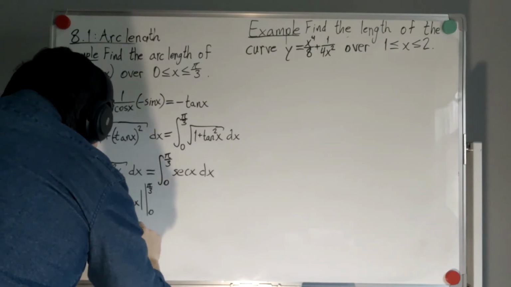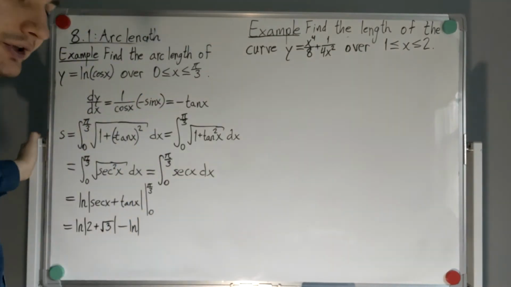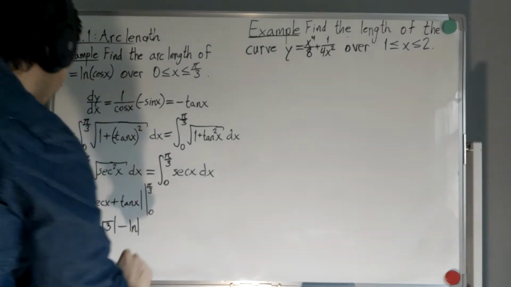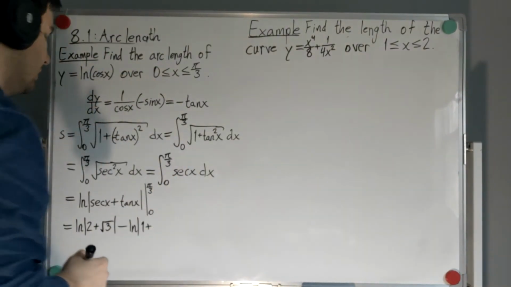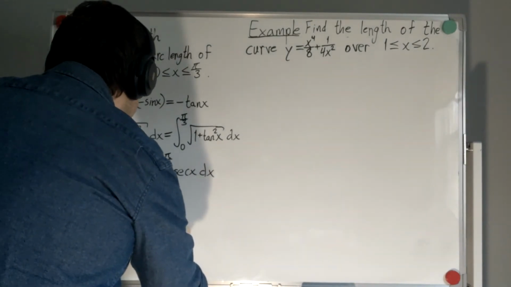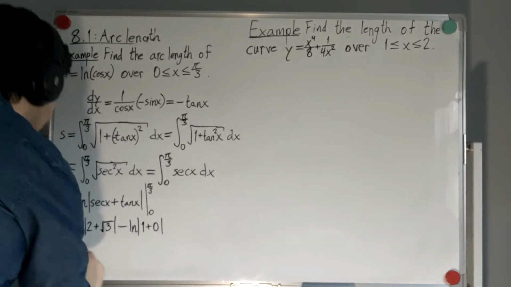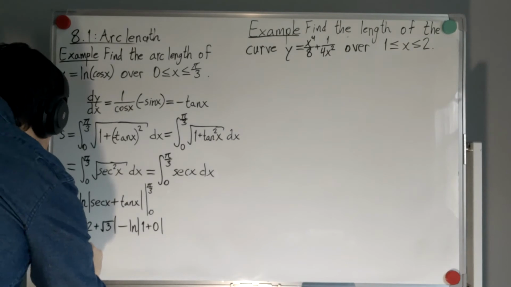Subtract from this natural log of secant of 0, which would be 1 over cosine of 0, which is 1. Tangent of 0 is sine of 0 over cosine of 0, which is 0. Natural log of 1 is 0, so this is just natural log of 2 plus root 3.